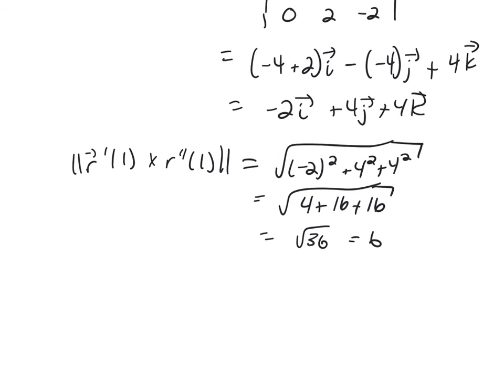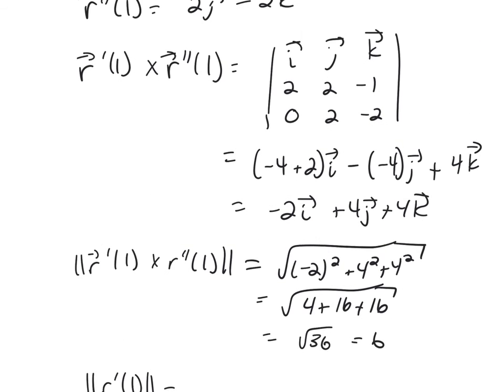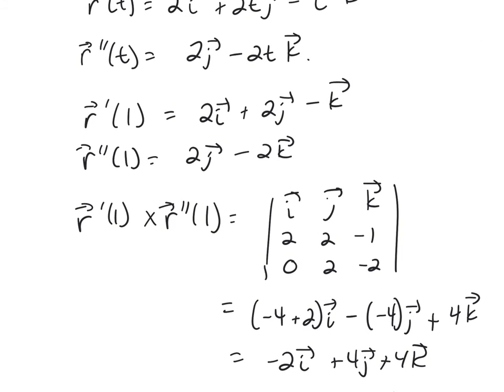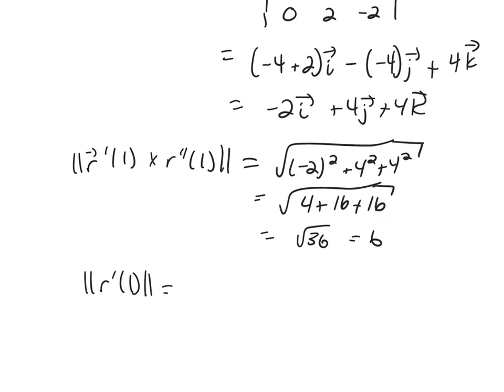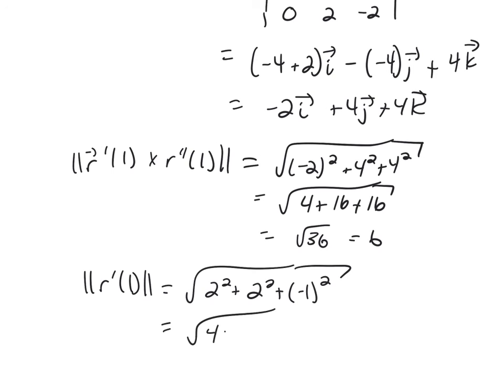And then I'm also going to need the magnitude of r prime of 1. So if you go back, r prime of 1 was this vector right here, 2, 2, and negative 1. 2 squared plus 2 squared plus negative 1 squared. That's going to be 4 plus 4 plus 1, square root of 9, or 3.